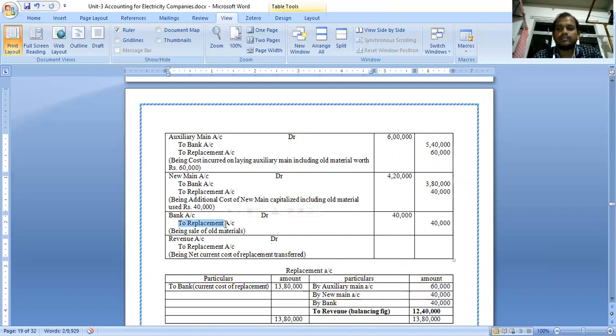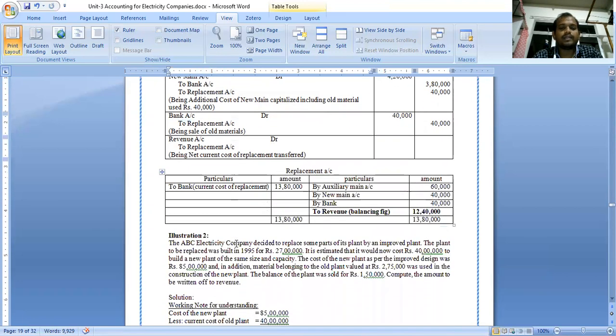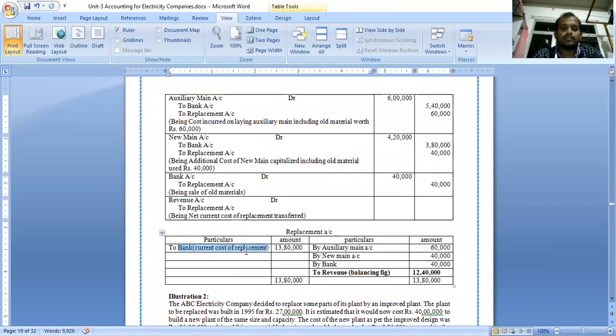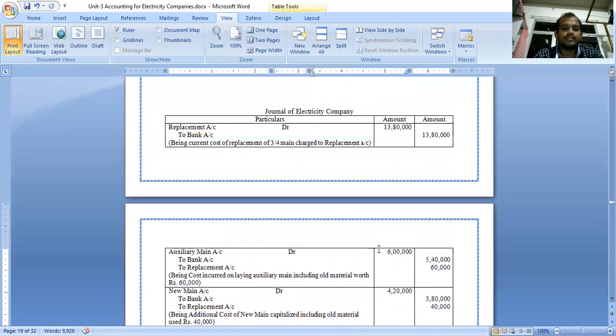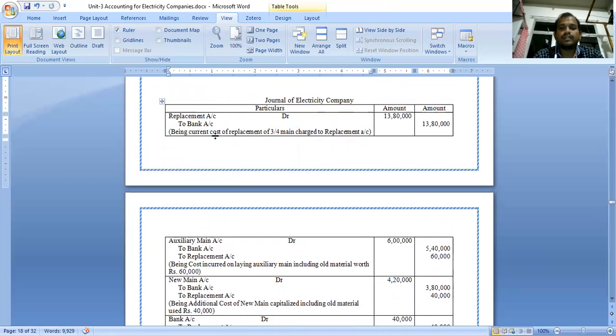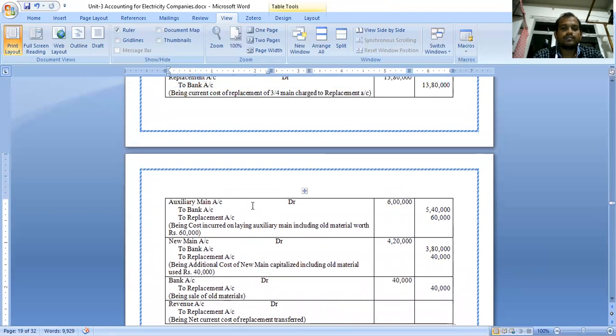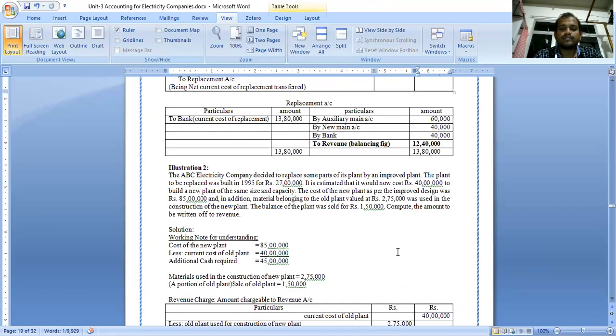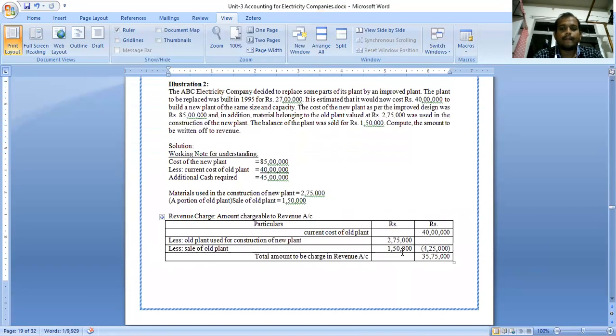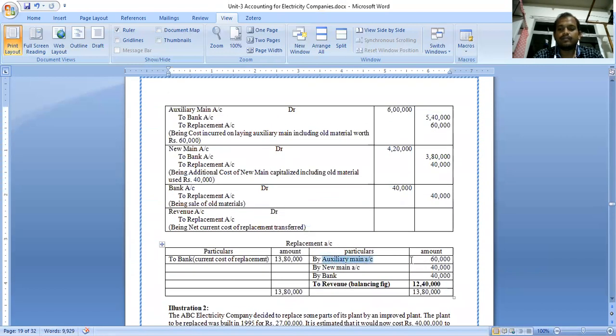If we prepare the replacement account, bank account, the current cost of replacement, is on the debit side. Another, auxiliary main account: bank account 13 lakh 80,000, and by auxiliary main account 60,000, by new main account 40,000, by bank 40,000.